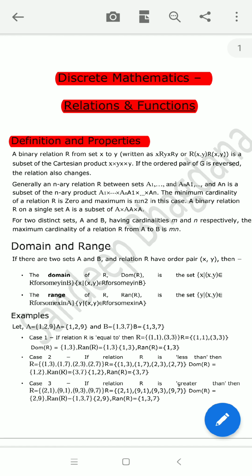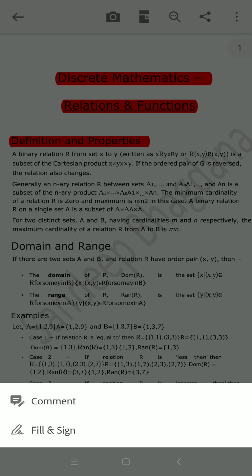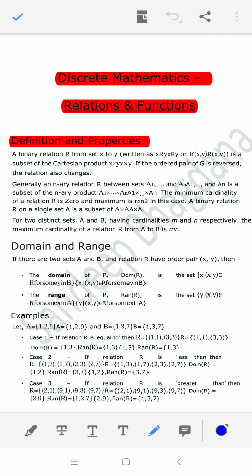A binary relation R from set X to Y, as written here, is a subset of the Cartesian product X × Y. If the ordered pair is reversed, the relation also changes.